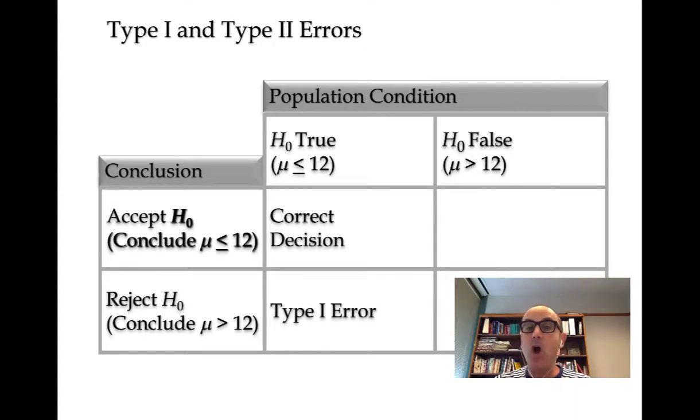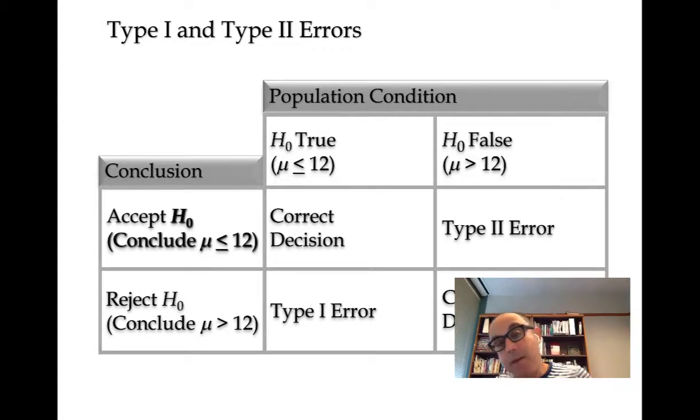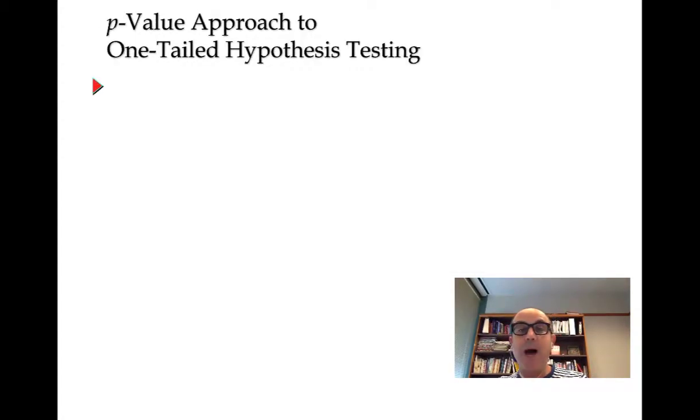If we accept the null hypothesis, we might have made the correct decision. If we reject the null hypothesis, it is a type 1 error. And when the null hypothesis is false in the population, we are talking about a type 2 error. And if we reject the null hypothesis, maybe we might be right.